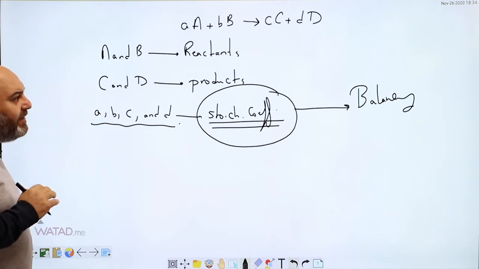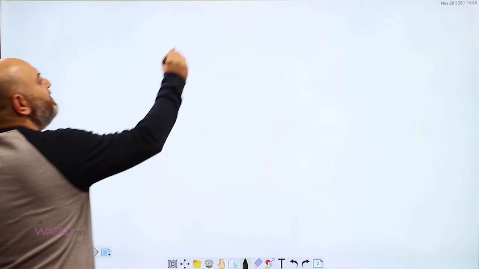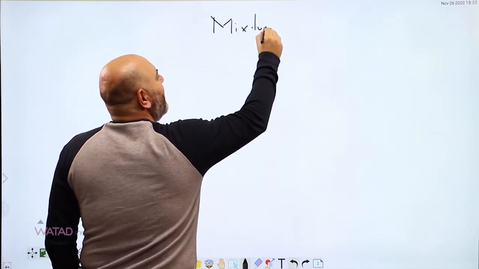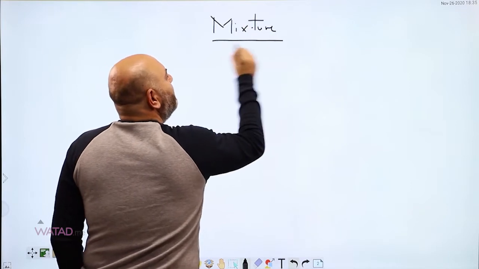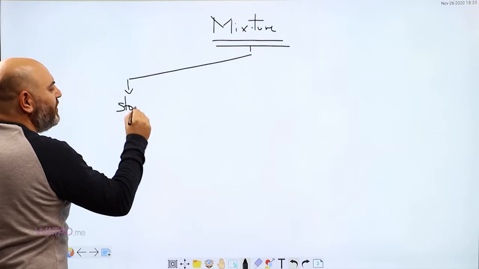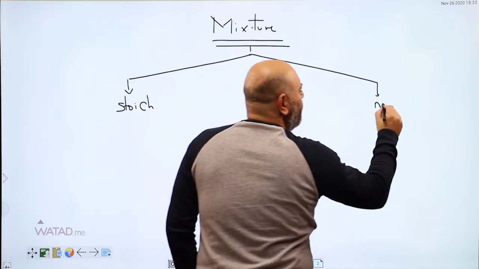Now, my target in this session is to introduce the types of mixtures. When we say mixtures in a chemical reaction, I am going to discuss two types: stoichiometric mixture and non-stoichiometric mixture.